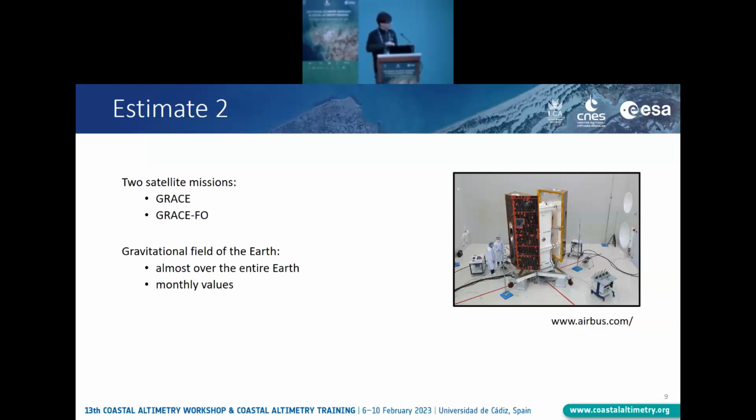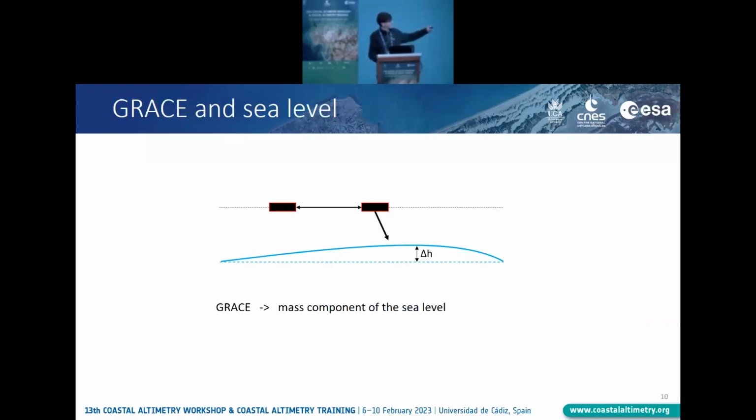They have almost full coverage of the Earth, and they provide values of the gravitational field with monthly data. This information is important for us because, as I was saying before, changes in the mass component of sea level means changes in ocean mass, so basically changing the gravitational field.